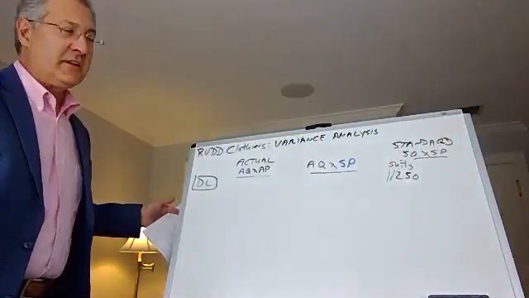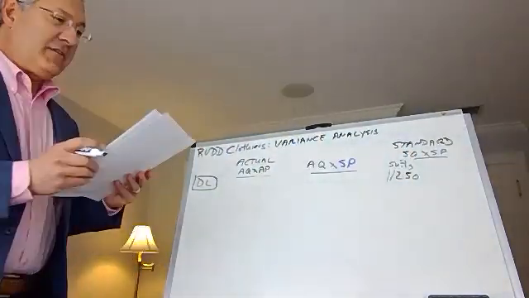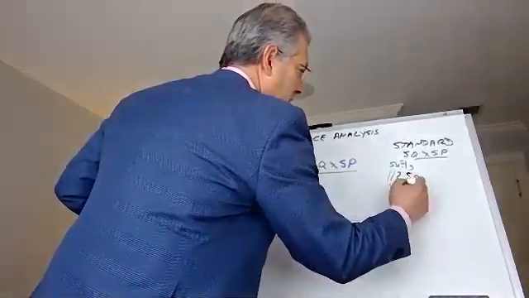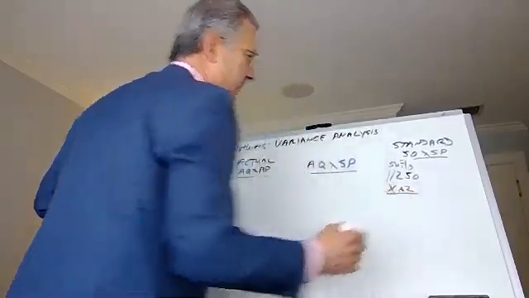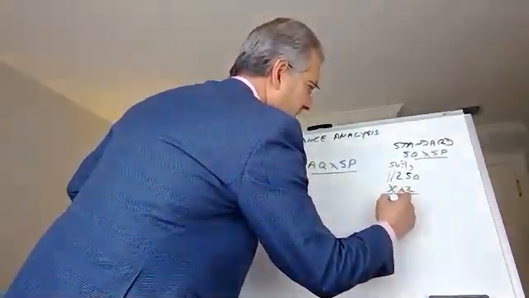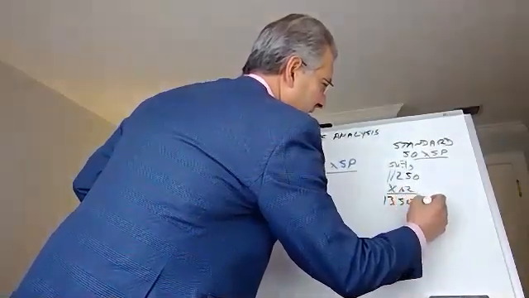That's the actual output, it doesn't change. And you've got to figure out how much time it should have taken. It should have taken 1.2 hours per suit. That's from the standard. They should have used 13,500 hours.